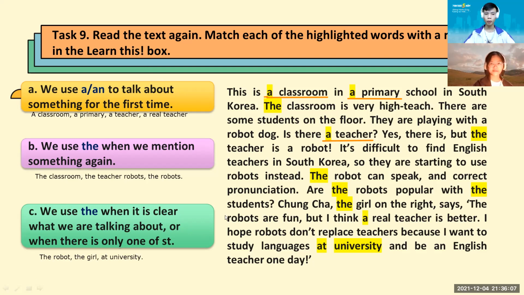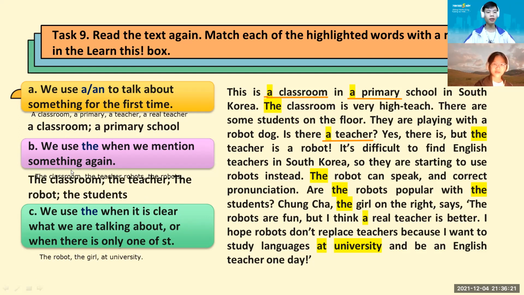All right, now let's check. We use a to talk about something for the first time: a classroom, a primary school. We use the when we mention something again: the classroom, the teacher, the robot, the students.